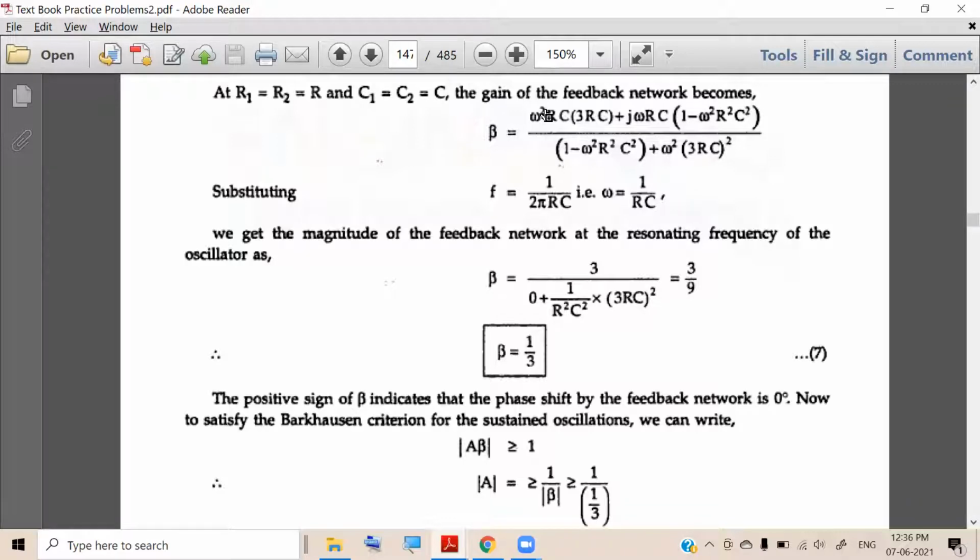Don't think greater than or equal to 3 means we can have 50, 100, anything. No, it means it can be 3 or slightly greater. In practical cases people choose slightly greater, say something like 3.1 or 3.2, by a very little margin.